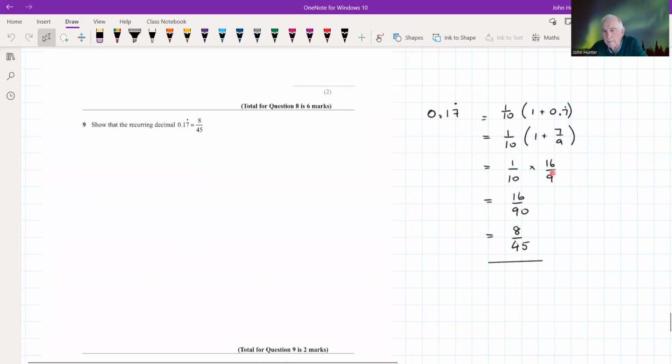Multiply 1/10 by 16/9, and that gives us 16/90ths or 8/45. That's how we do that. The key is to scale it like this, do your workings inside the bracket, and then when you've got it in the right form inside the brackets, just multiply it out.